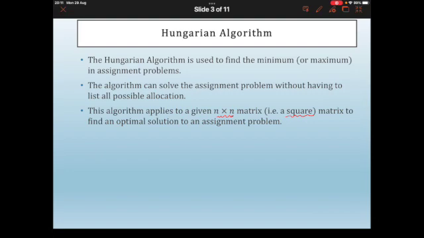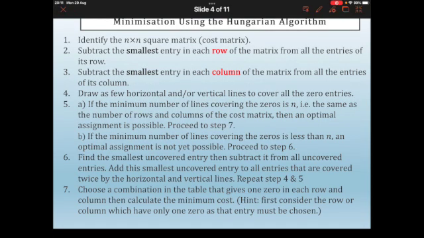So, let's look at how to solve assignment problems with the Hungarian algorithm. Now, let's think about minimizing. First, you need to identify the n by n square matrix, or the cost matrix, or the adjacency matrix.